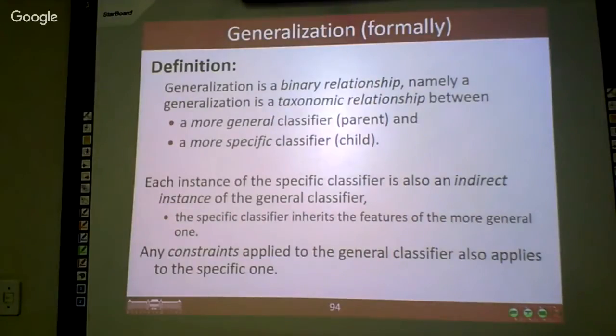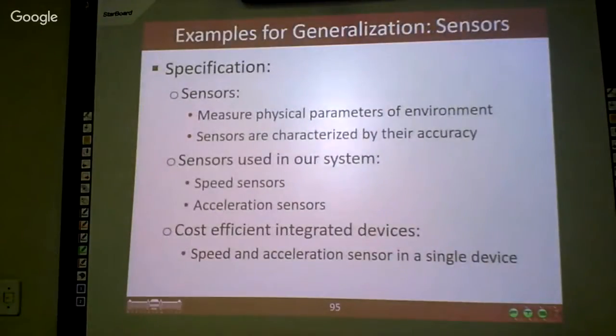This means that each instance of the specific classifier is also an indirect instance of the general classifier. The specific classifier inherits the features of the more general one, and any constraints that are applied to the general classifier also apply to the specific one.